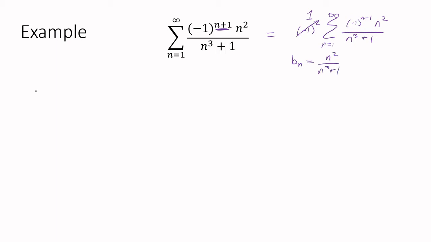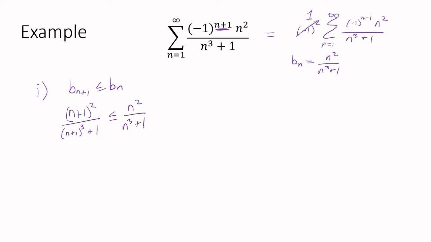So what's number 1? I need that it's decreasing, right? So then I would need to show n plus 1 squared over n plus 1 cubed plus 1 is less than or equal to n squared over n cubed plus 1.